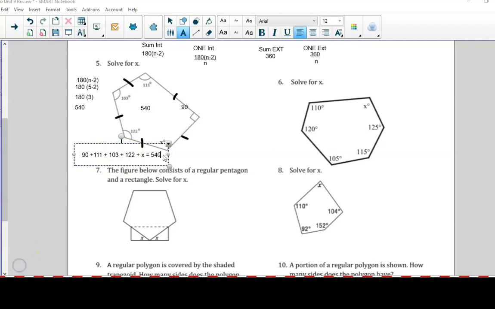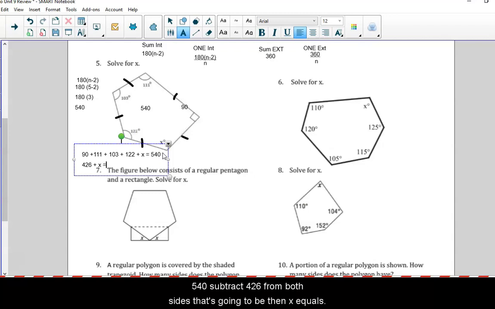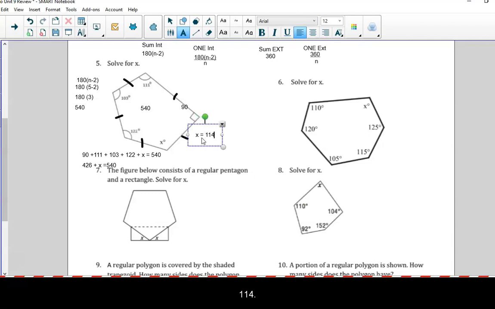Okay, so 90 plus 111 plus 103 plus 122 is going to equal 426. So 426 plus x equals 540. Subtract 426 from both sides. So x equals, and that should get our answer, 114.